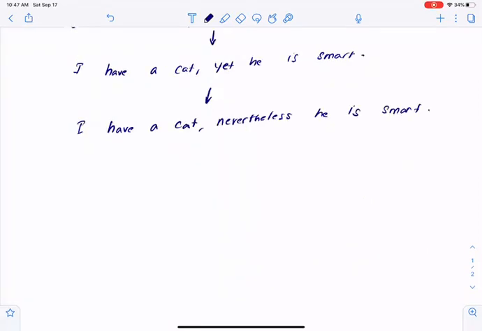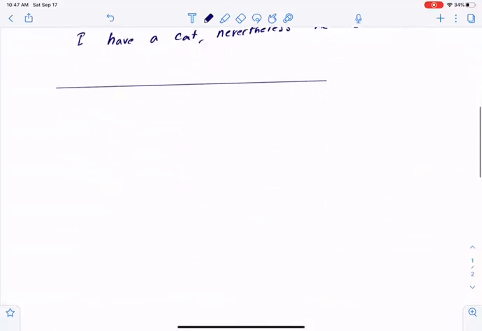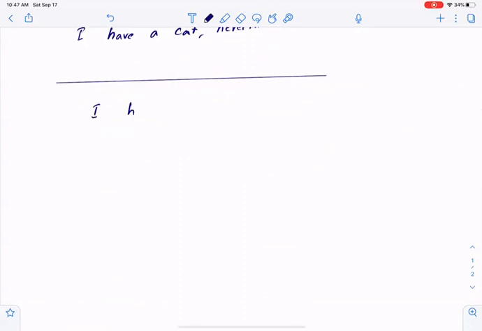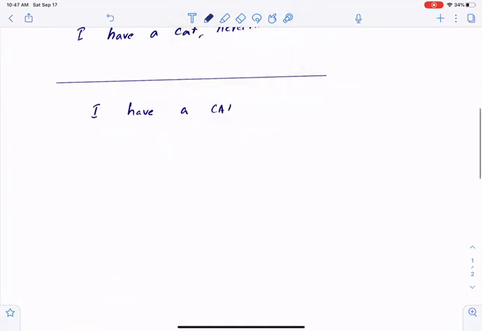One more case. I have a cat, and he is not smart.